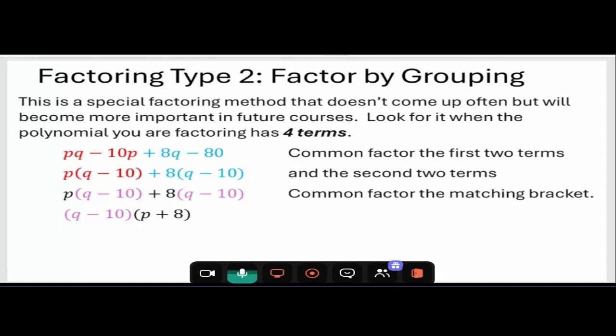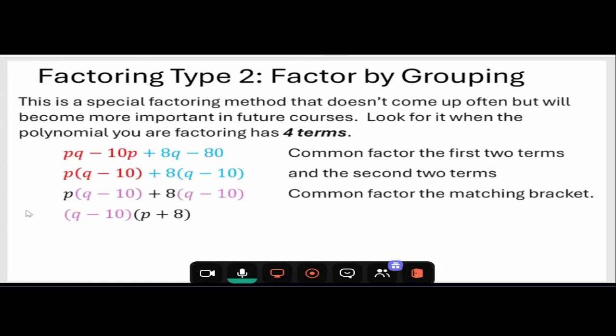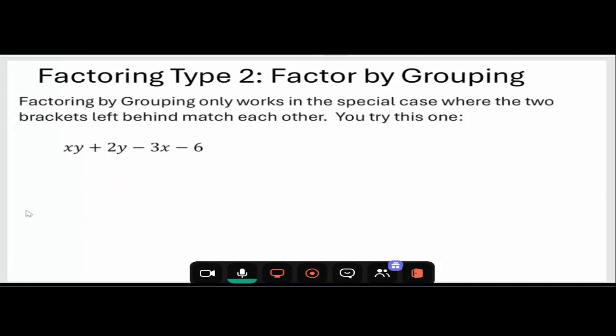So think of it this way. If instead of a purple bracket, you had p times t plus 8 times t, you could pull the t out. You could common factor it out. Same thing with an entire bracket. You can common factor out the entire bracket and write out what's left behind there. That is factoring by grouping. That's our answer there in the bottom line.